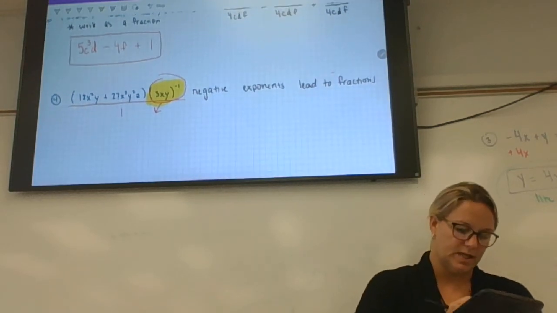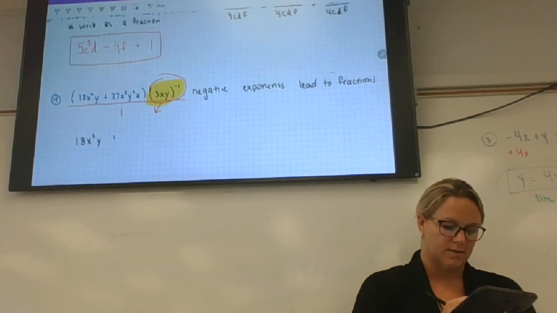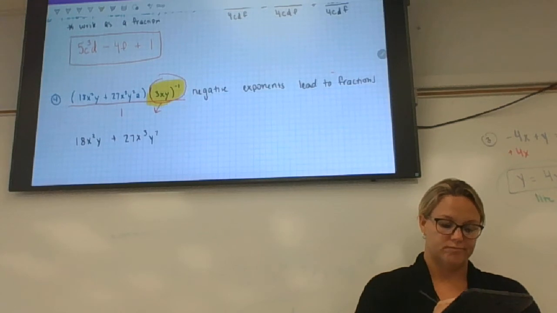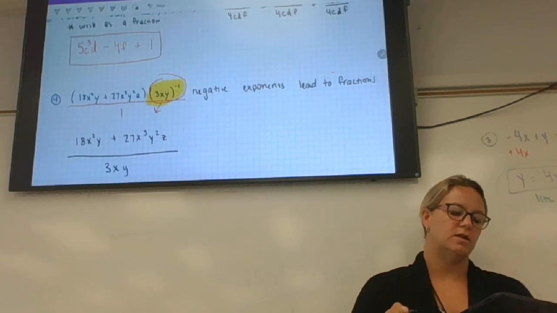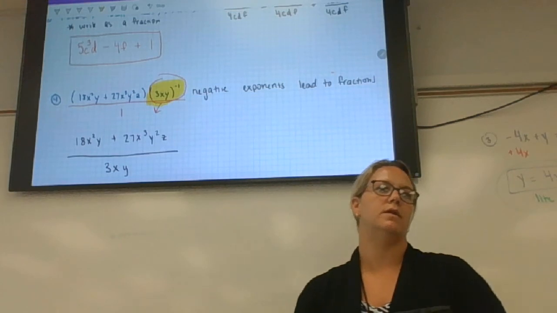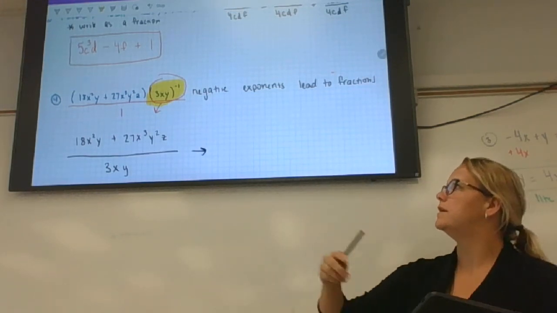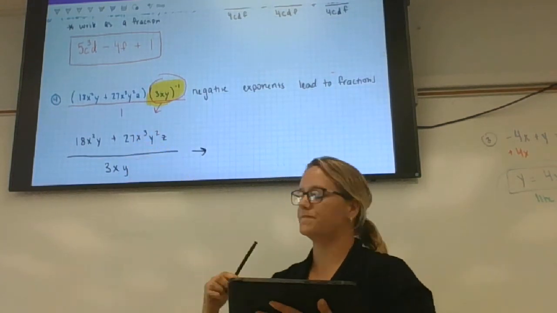It's always so sad when people can do the first 3 and they get to this one and they leave it blank. And I think to myself, boy, that was the same problem. They just didn't know what the negative exponent did. So I take this and I put it underneath the first polynomial and then separate it.